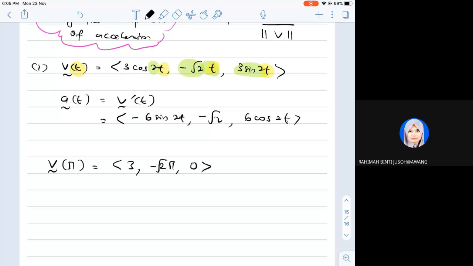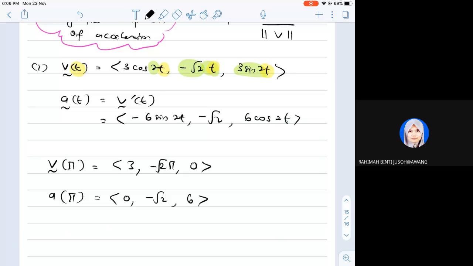For acceleration, substituting pi, we get negative 6 sin 2 pi which is 0, negative square root 2, and 6 cos 2 pi which is 6.